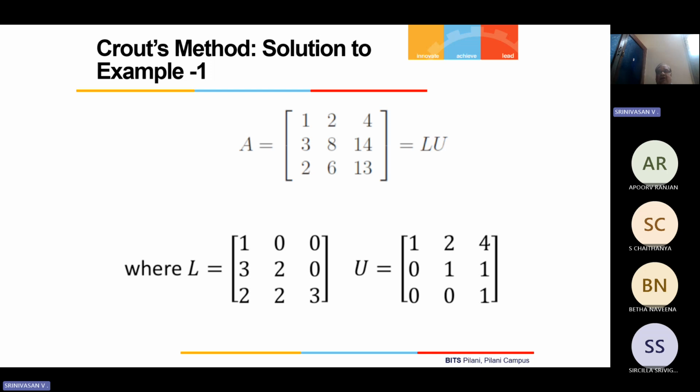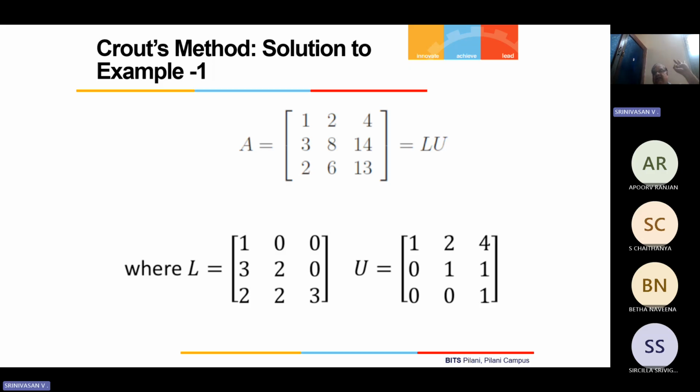As far as the upper triangular matrix is concerned, for decomposing the given square matrix, you need to find only U12, U13, and U23.